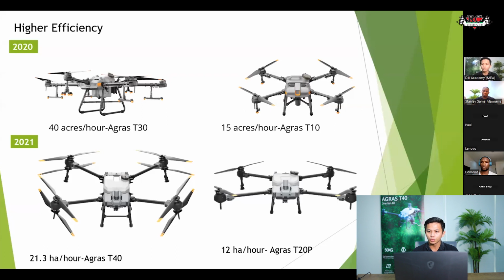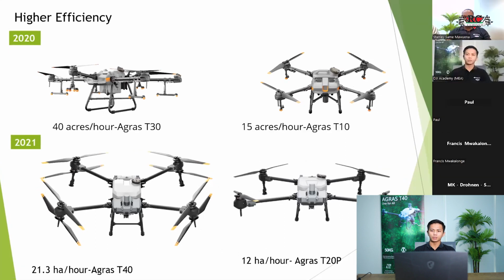In 2021, we introduced the Agras T40 that could finish 21.3 hectares. Yes, you can expect 20 hectares, which means 50 acres per hour. Each day, with 4 working hours, you can finish 80 hectares or 200 acres without worries.